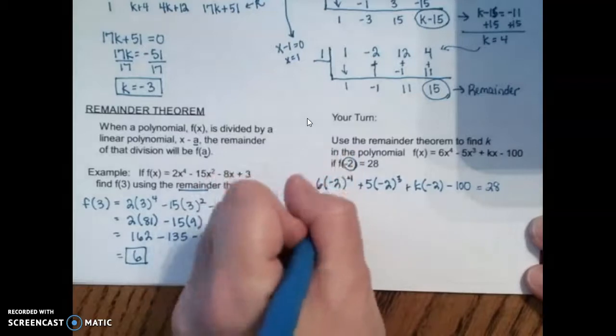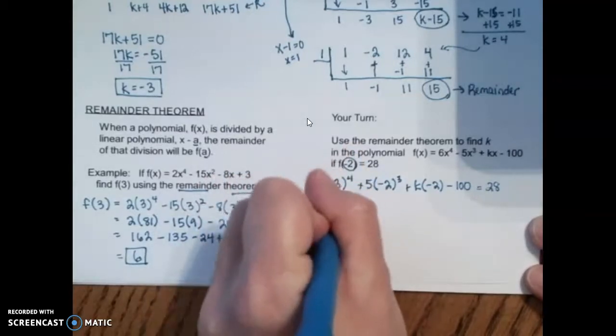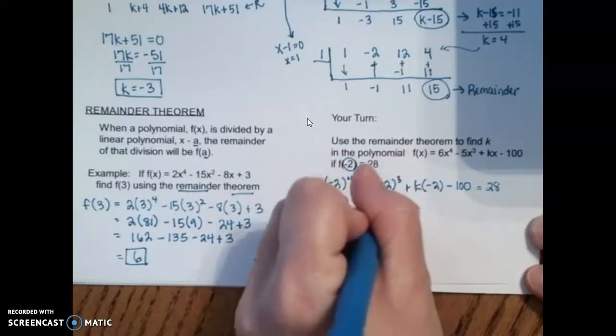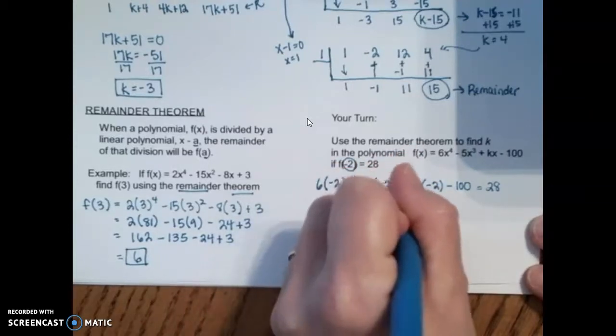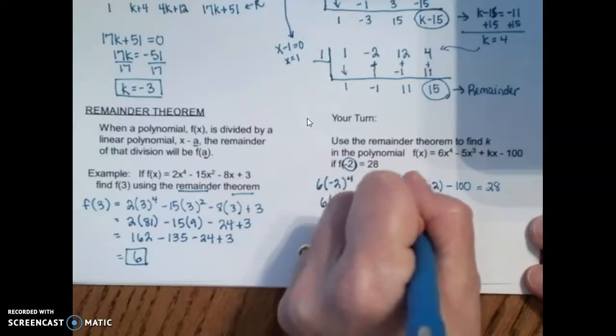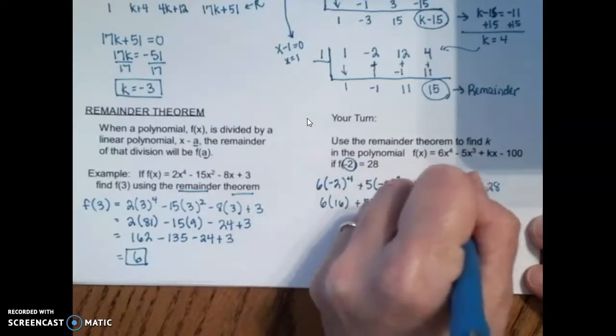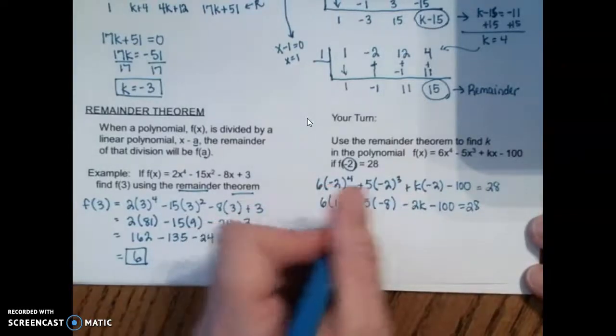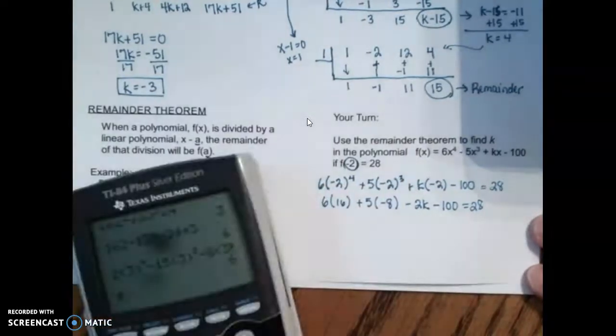So now we're going to simplify. So negative 2 to the 4th is 16. Negative 2 to the 3rd is negative 8. K times negative 2 is minus 2k minus 100 equals 28. So then we can combine like terms here.